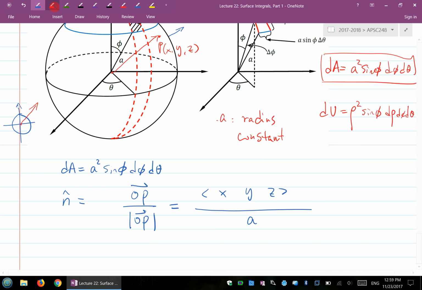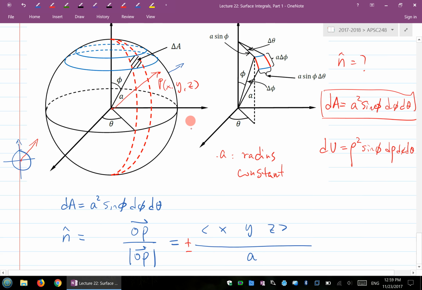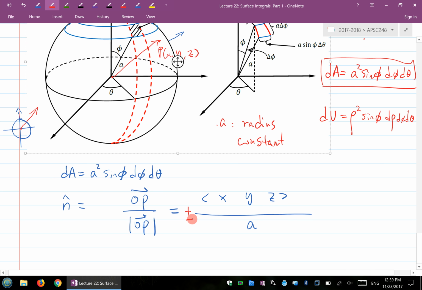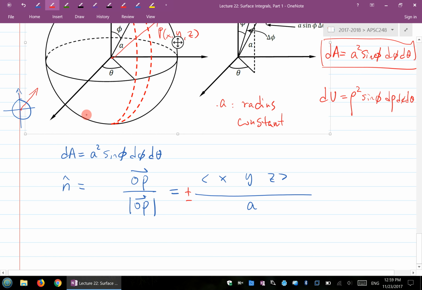Now, I will put a positive and negative here because for a unit normal vector, I could have either direction, right? Outward or inward. But when we evaluate a certain question, you always have to select a positive sign or negative sign based on the requirement of the question. Okay. There we go. So that's basically your dA, and that's basically your n hat here, right?